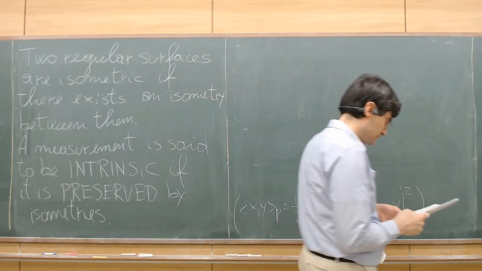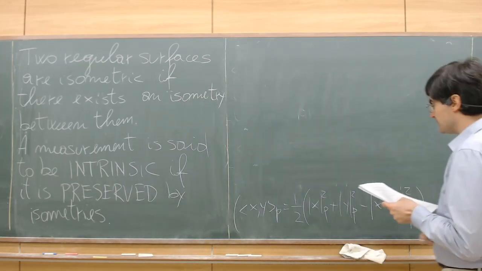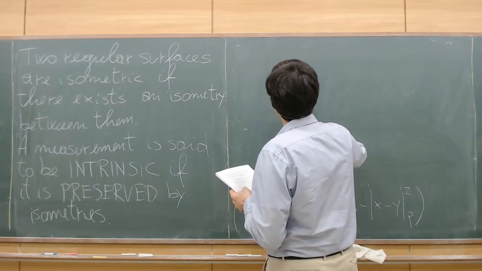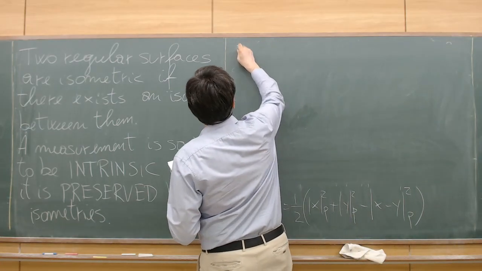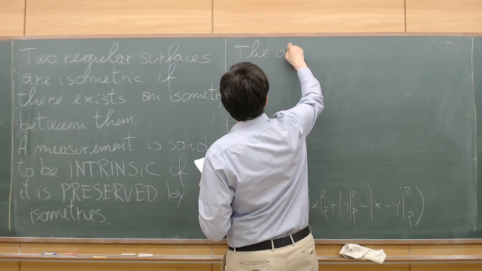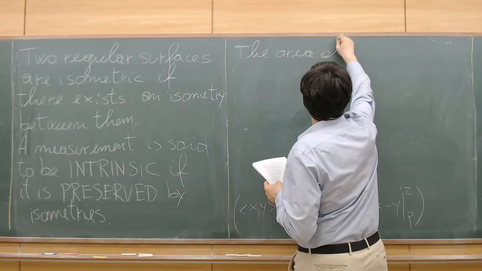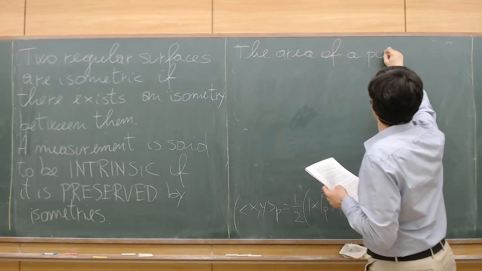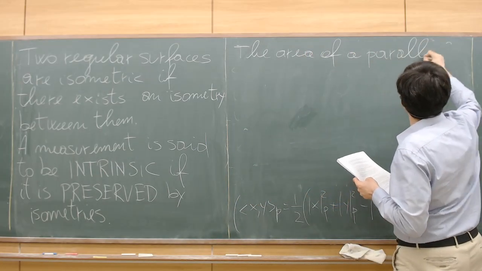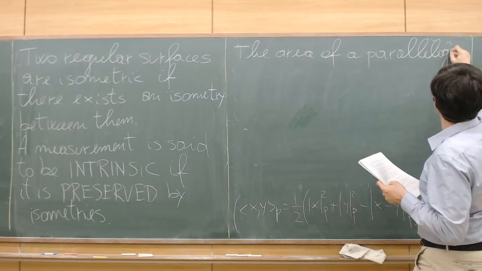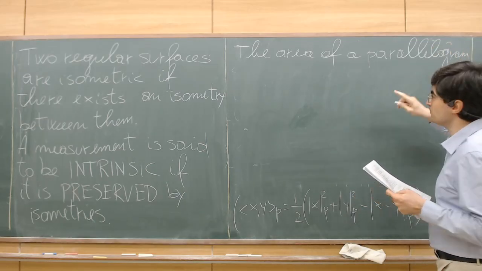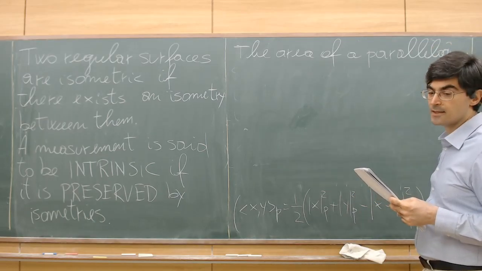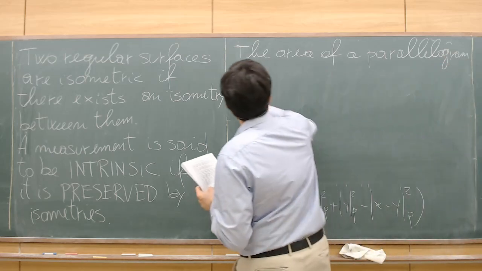For example, let's explain why the area of a parallelogram spanned by two vectors of TpS is intrinsic.